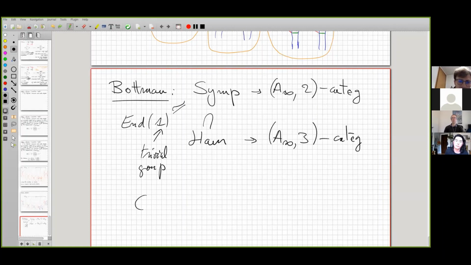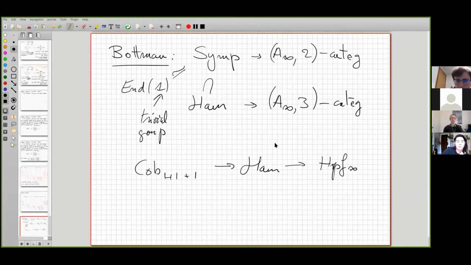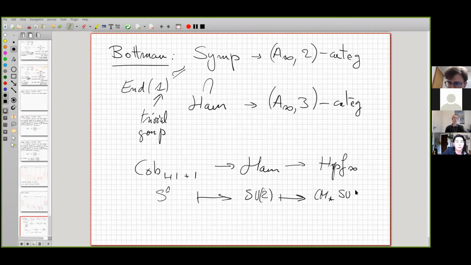So there is. Let's go over the. So here a circle first gets mapped to SU2, and then SU2 gets mapped to the Morse homology of SU2 seen as a Hopf infinity algebra.